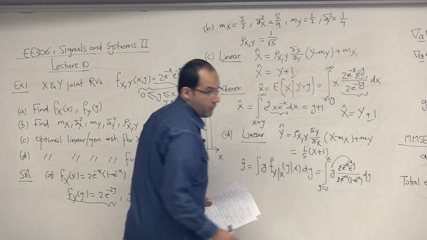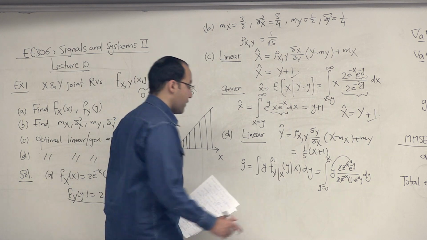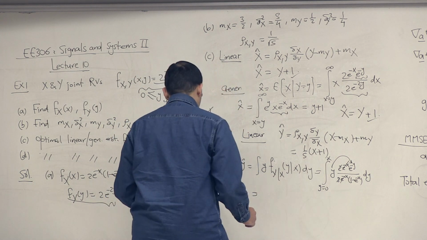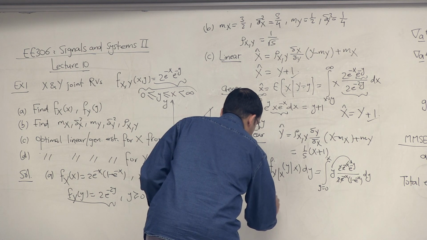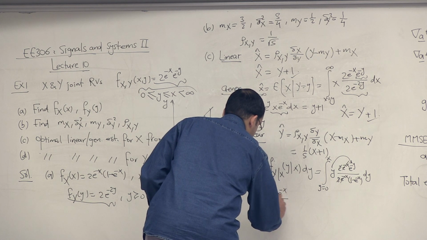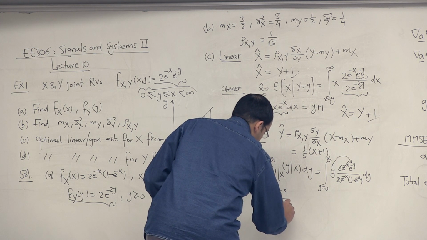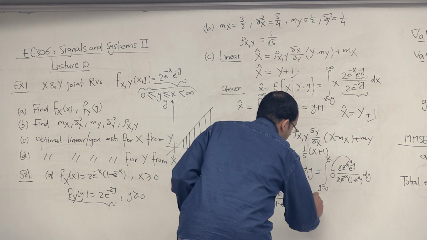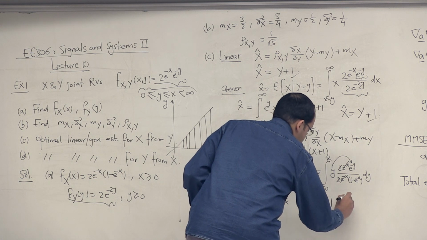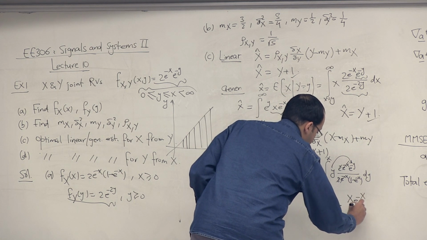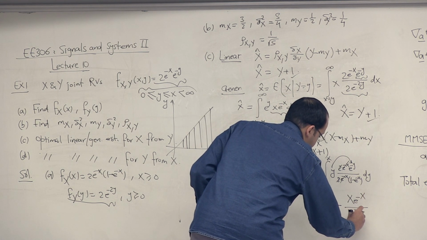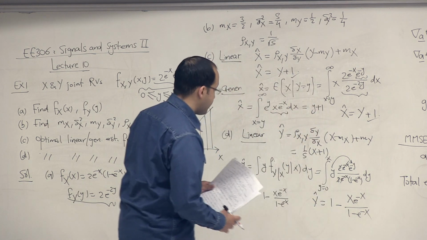Again, integration by parts. Once again, I'm not going to do it in detail. So the final answer will end up being 1 minus x e to the minus x divided by 1 minus e to the minus x. And thus y hat is 1 minus x e to the minus x, 1 minus e to the minus x.